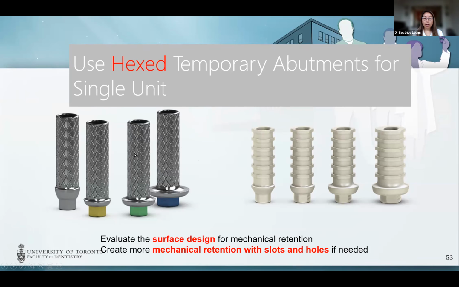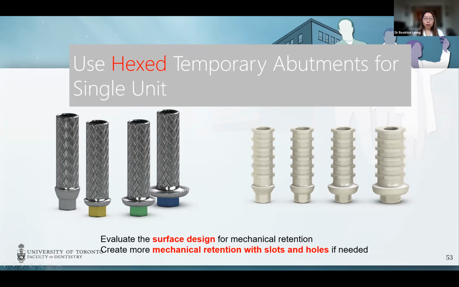So if they look very smooth to me, sometimes before I even start, I roughen them quite a bit, because it gets really bloody and contaminated once in the mouth. So I want to do this once and for all, and I don't want to go back and add and adjust. One of the things I've learned is that the first one I made many years ago, it debonded on me the next day.